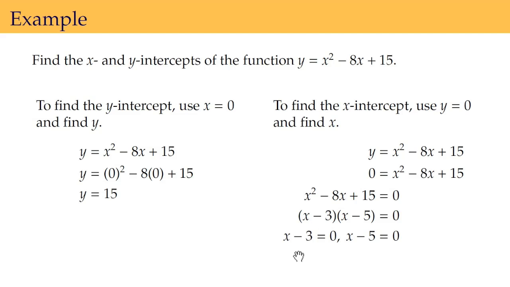So x minus 3 equals 0 will give me one solution, and x minus 5 equals 0 gives me another solution. x minus 3 equals 0 gives x equals 3, x minus 5 equals 0 gives x equals 5, and so these are the 2 x-intercepts for this function.